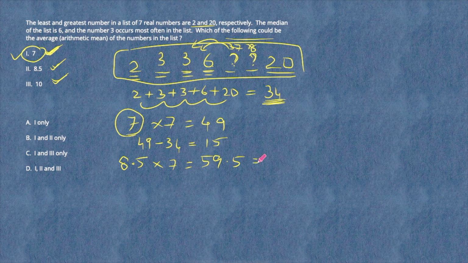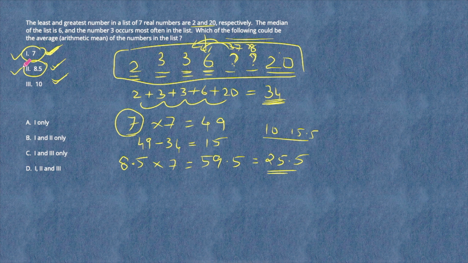It will give you 25.5. So you need to find 2 numbers which are greater than 6 and less than 20, which will add to 25.5. I can pick 10 and 15.5, which adds up to 25.5 and is greater than 6. So this also gets satisfied. So 8.5 is also a possible average.